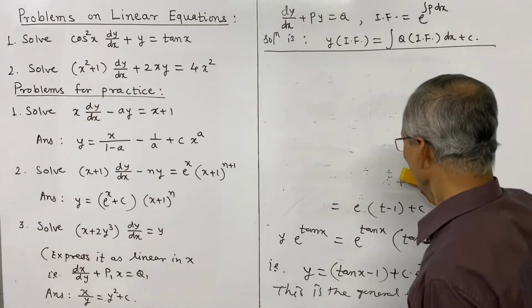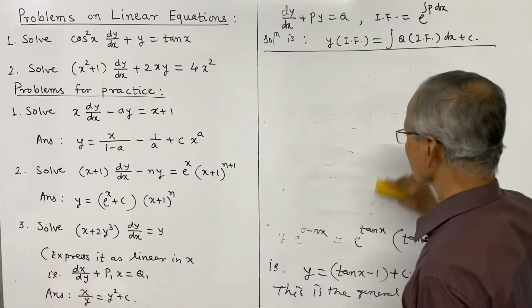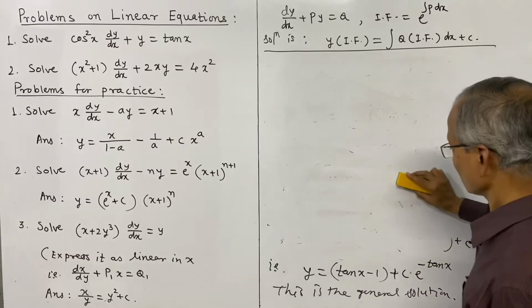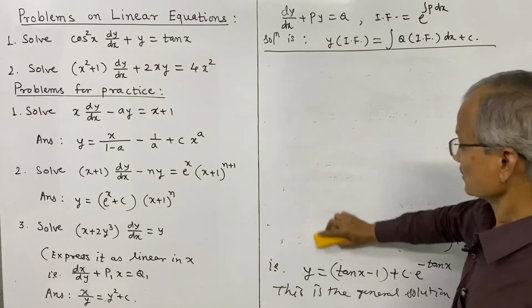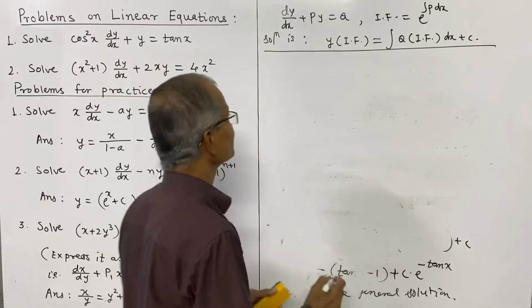Now one more problem we shall solve, and that is the second. Again that equation must be put in the form of a linear equation, standard form, dy by dx plus py is equal to q. So I shall write the solution for the second.